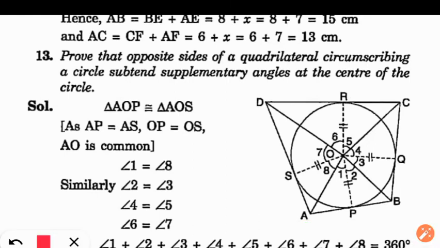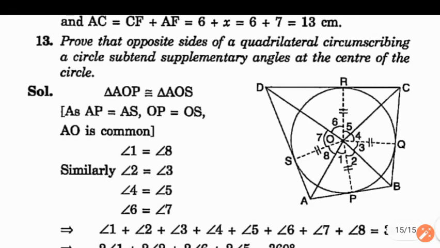Or there is another method: AP must be equal to AS, OA is common, and these two sides are equal because they are radii of the same circle, right? Since these two triangles are congruent, we can say angle 1 must be equal to angle 8.